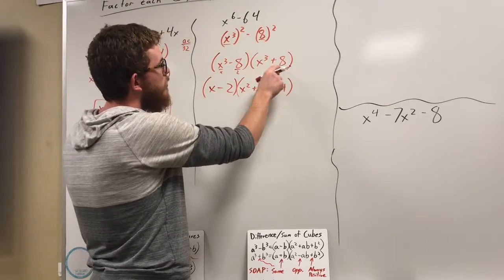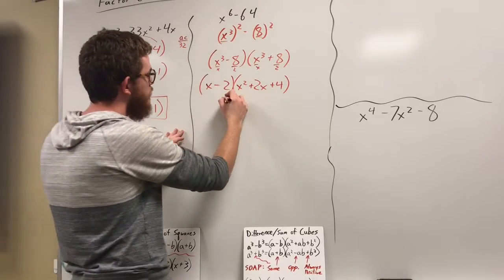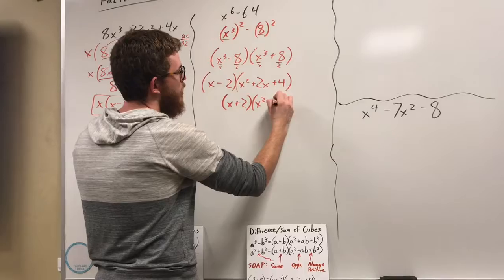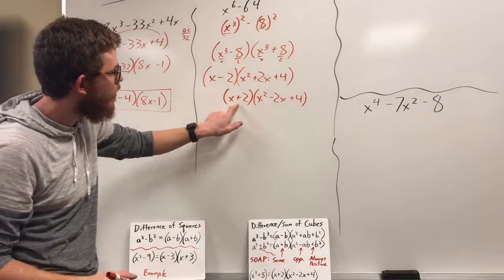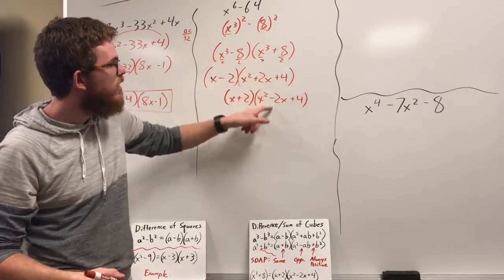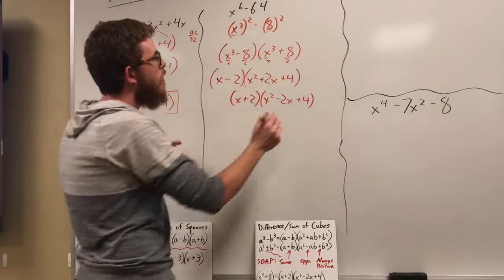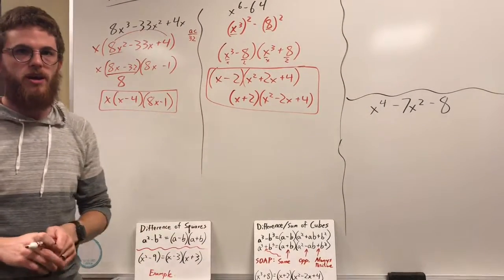This one right here is going to be, again, an x and a 2 both being cubed. And so this will be x plus 2 times x squared minus 2x plus 4. The only difference in these is the signs. It's the same sign, the opposite sign, and always a positive sign. And so all this stuff is being multiplied together here, and we can't factor that anymore.